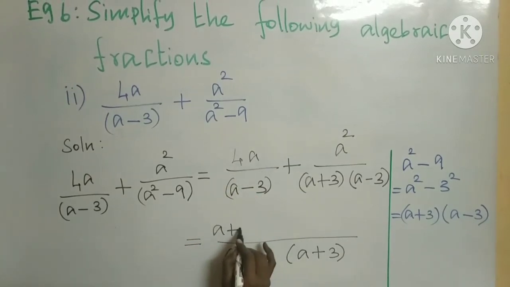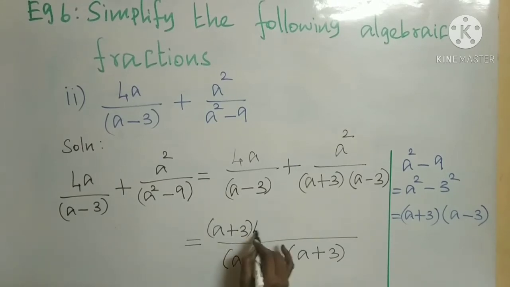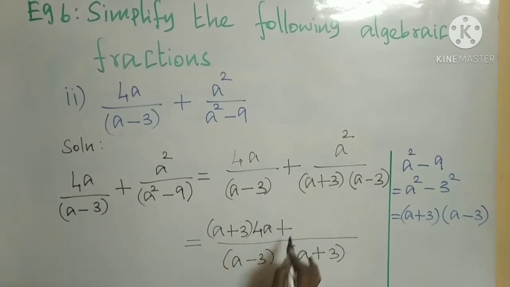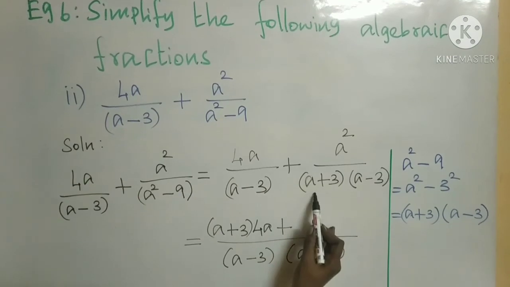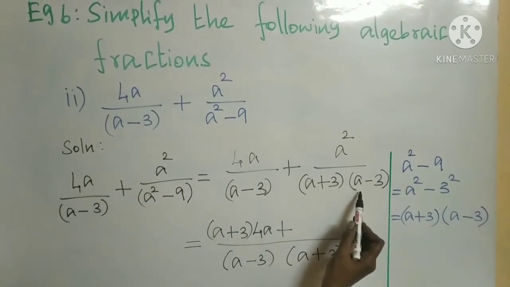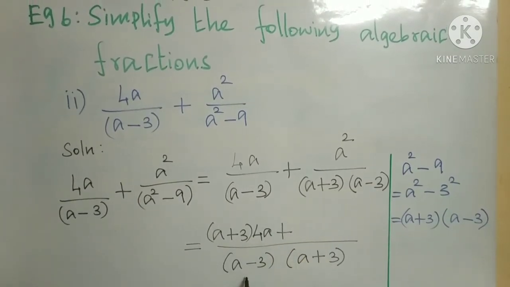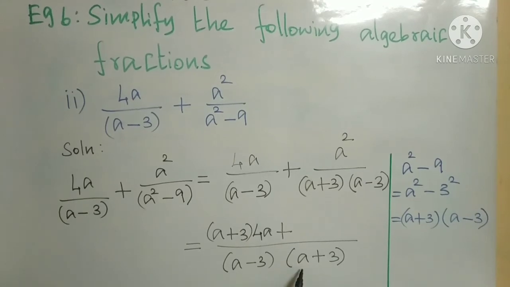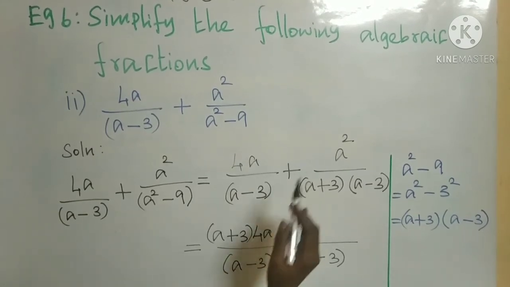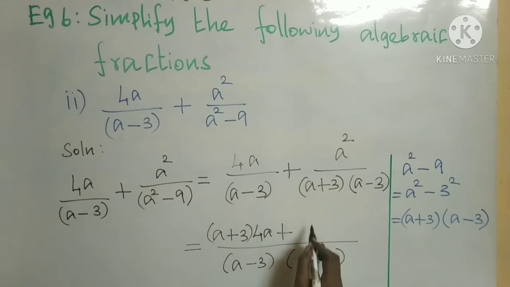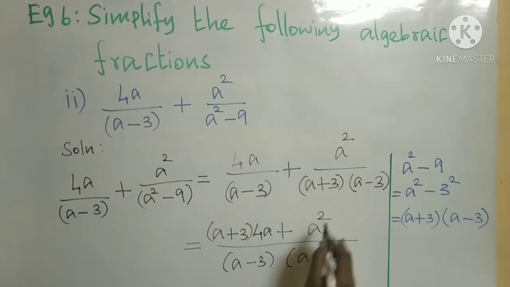So a plus 3 into 4a, plus here a plus 3 into a minus 3 is given in the denominator, LCM also the same, so we multiply by 1, 1 into a square, a square.